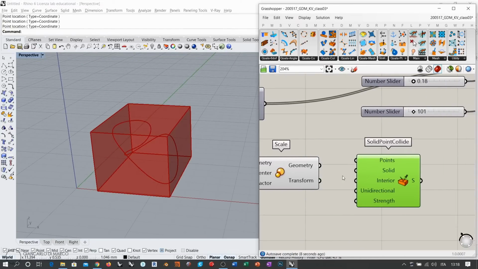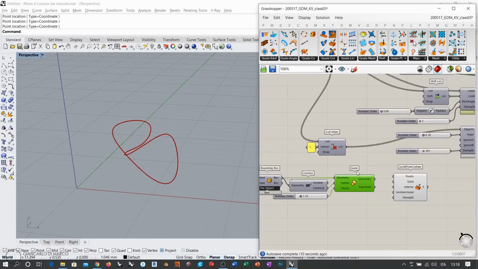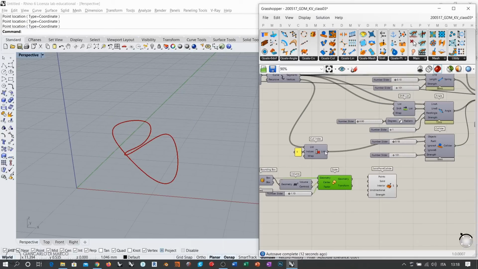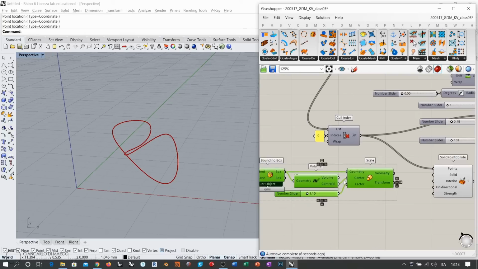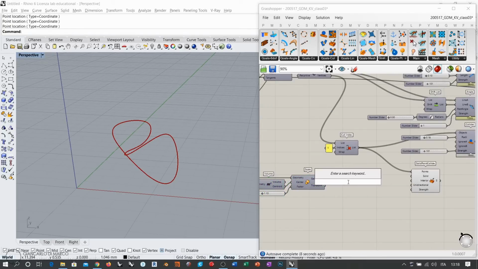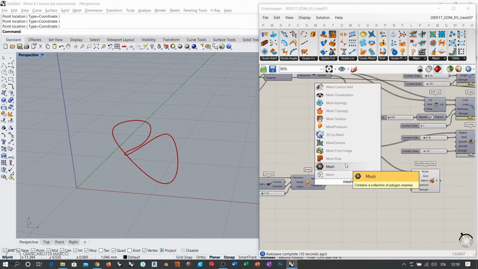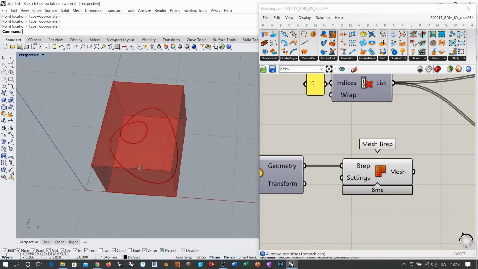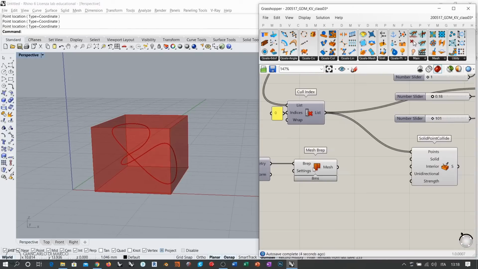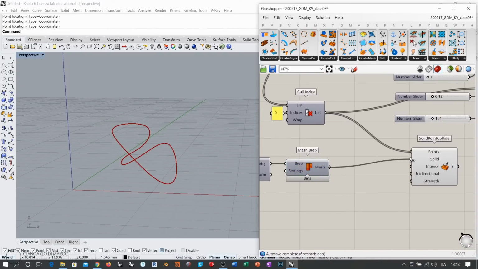What I want is for our vertices, these points, to collide with a solid. Remember that solid asks for a B-rep or mesh. I always recommend that you convert this object into a mesh. In this case it is a standard box, so the mesh B-rep is producing quite a regular shape and topology as well.